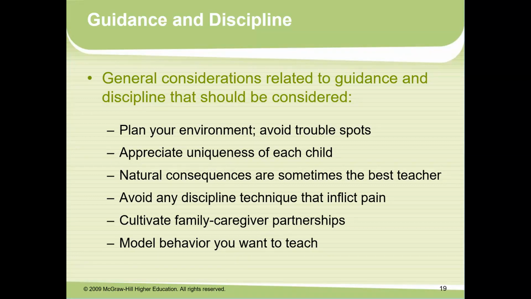Make sure that the area in the classroom allows for more than three people to be at, right? Especially if it's a favorite area. Appreciate the uniqueness of each child. Natural consequences are sometimes the best teacher, right? Avoid any discipline technique that inflicts pain.